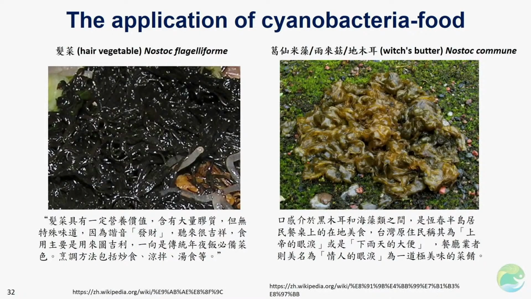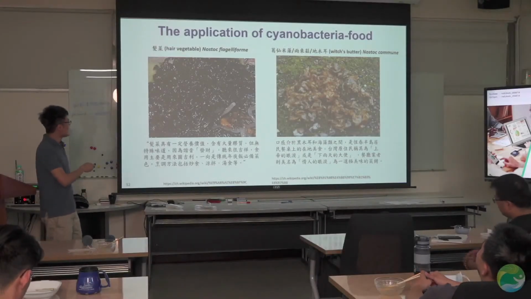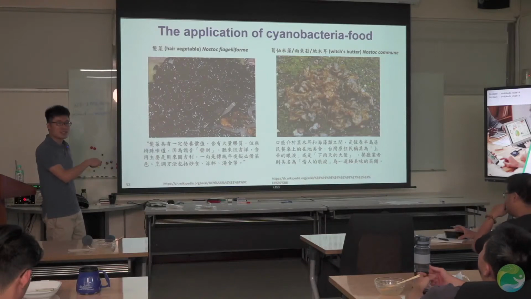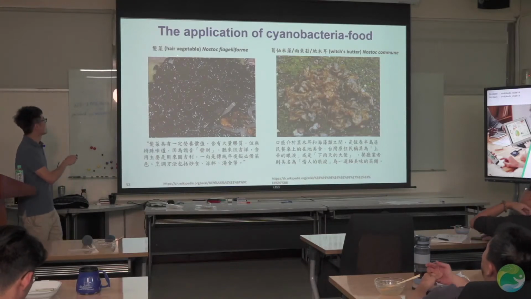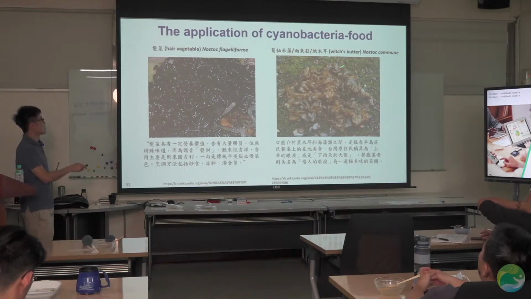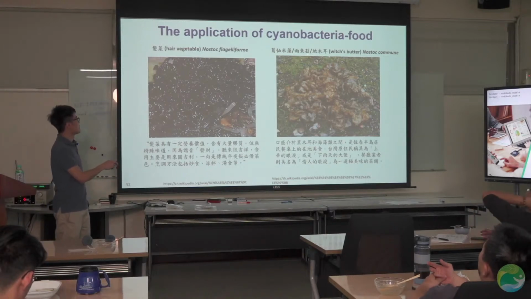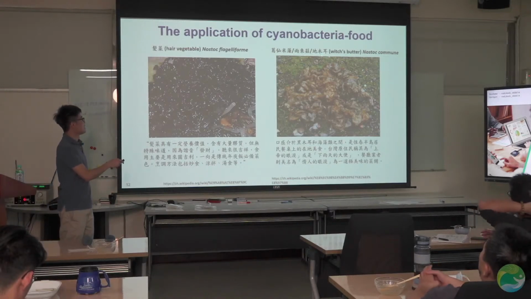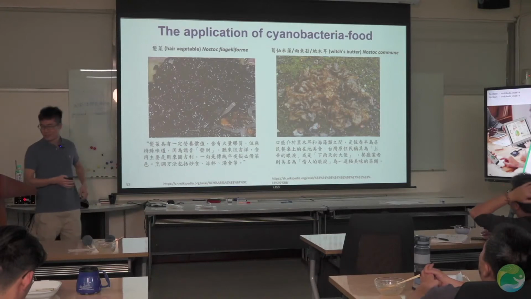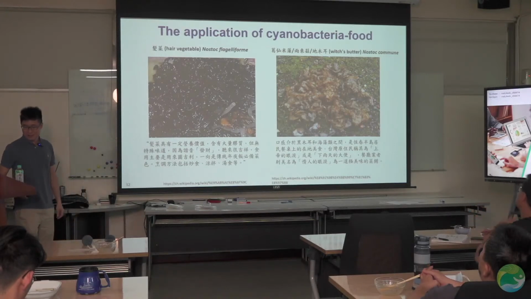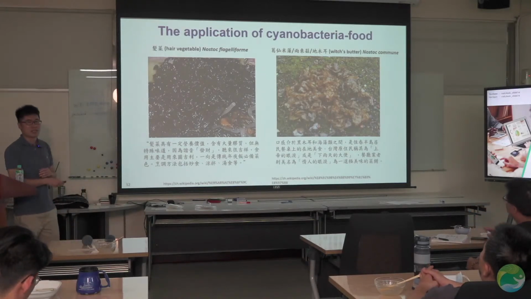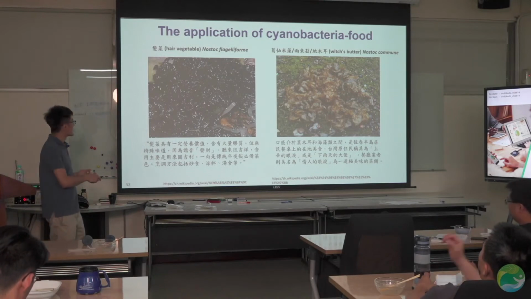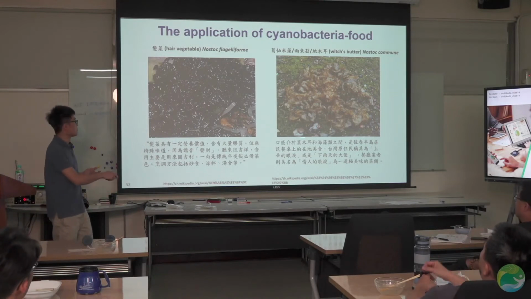One interesting one is called witch's butter, 巫婆的奶油. So although these are all cyanobacteria, people call them vegetables, algae, or mushroom, and 木耳 is also a mushroom. Looking at the common names, you wouldn't know they are cyanobacteria, but they actually are.